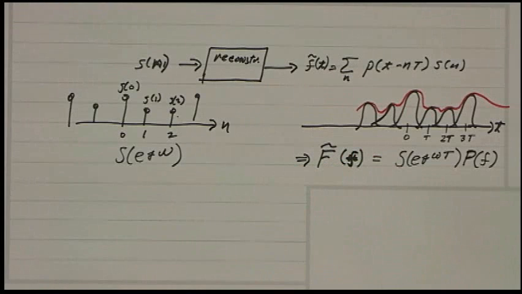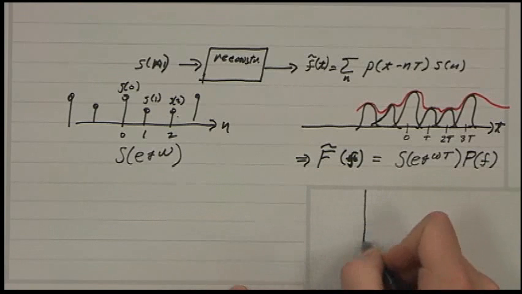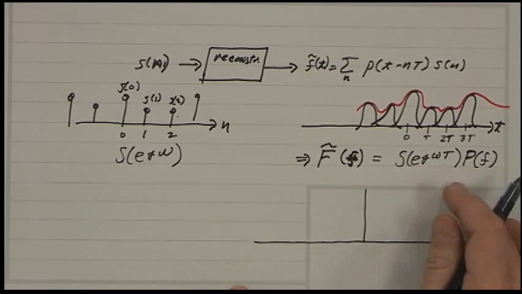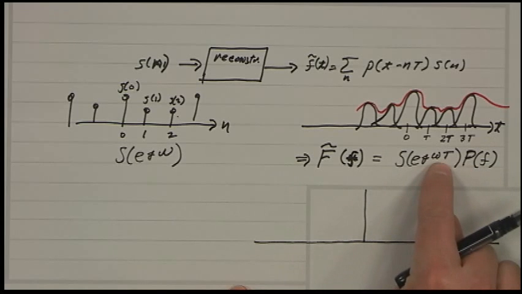All right? And the generalization to 2D is what we just did. So what this always tells you is in the frequency domain, when you go to do reconstruction, this thing always has to be periodic with period 2 pi. So when you multiply by t, it becomes periodic with period fs, where fs is the sampling frequency.